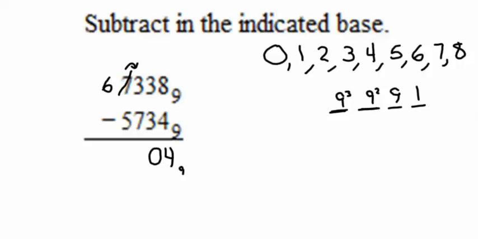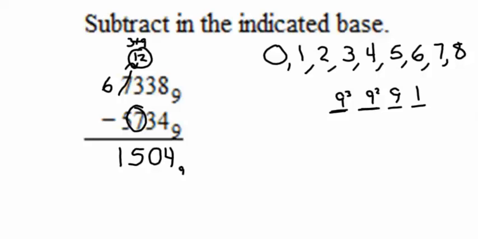So that 3 will become 3 plus 9, which is the base, and that gives us a 12 there. And then 12 take away 7 is 5, and then 6 minus 5 is 1. So the answer is 1504 in base 9.